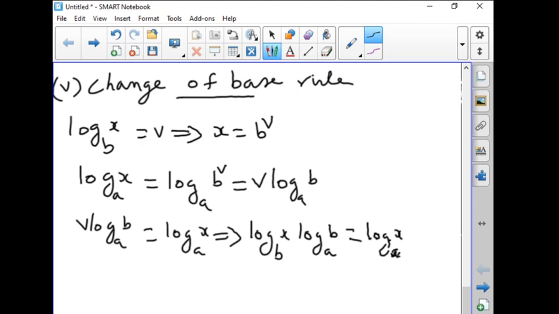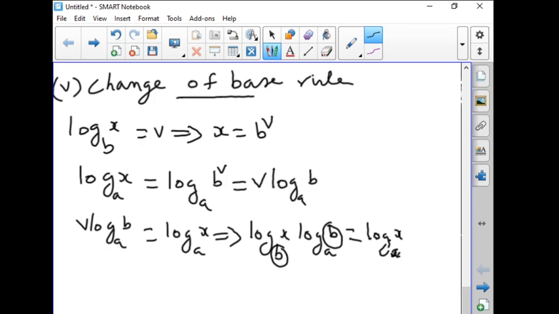So see here, this is called the change of base rule. That is, log x to the base b we have changed like this. When both of these are the same, we write it as log x to the base a. Is it clear to all of you?